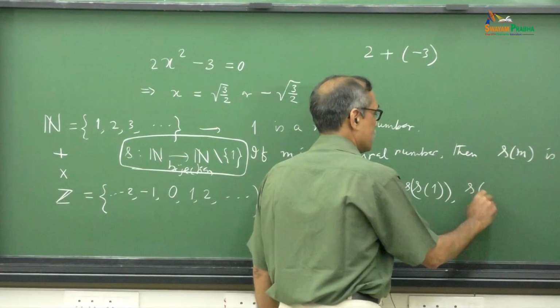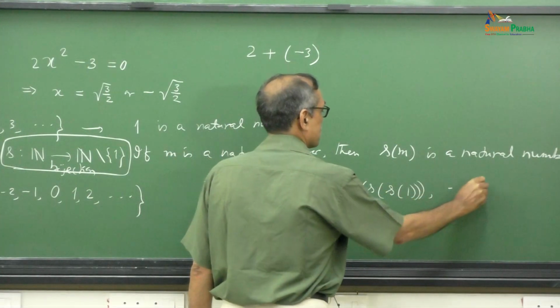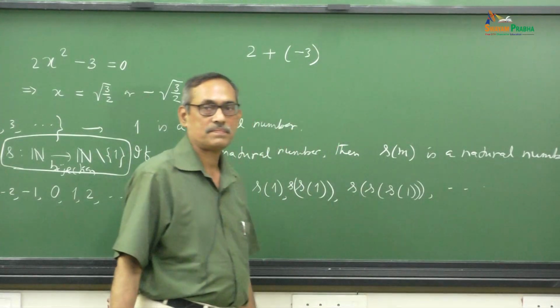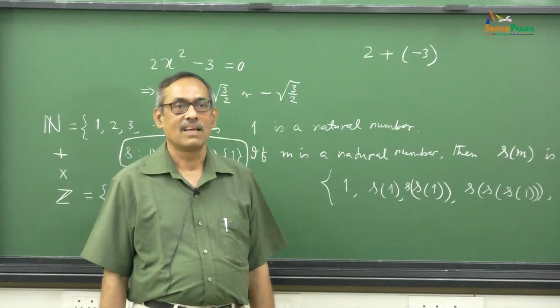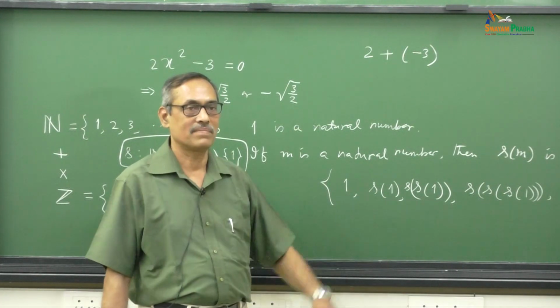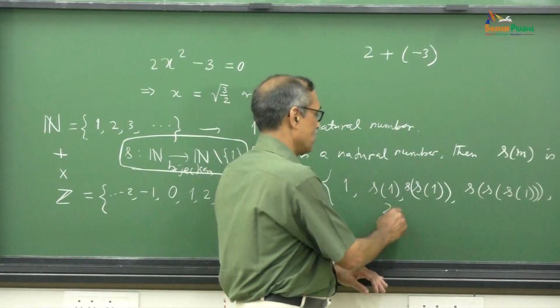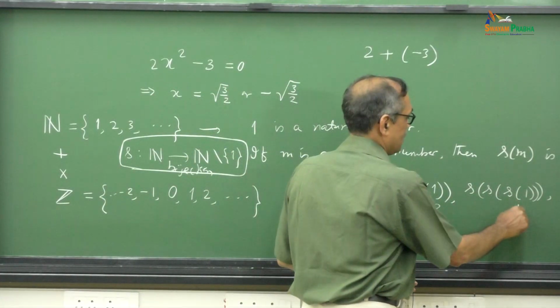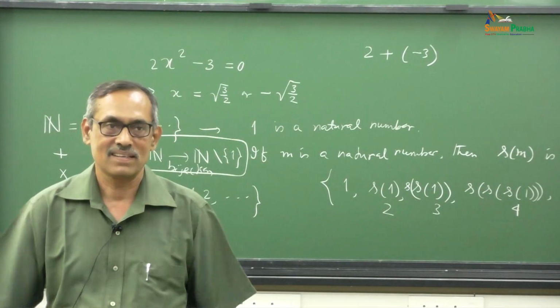Then I have this. It continues. Now everything is generated from this S only. So again I rename. Instead of always writing like this, I will write this as 2, and this as 3. Basically this much is required.